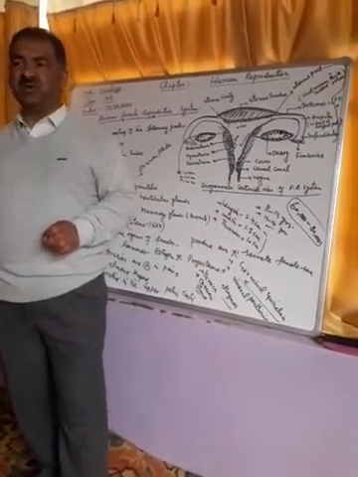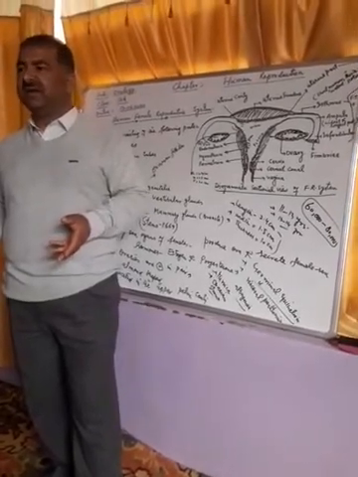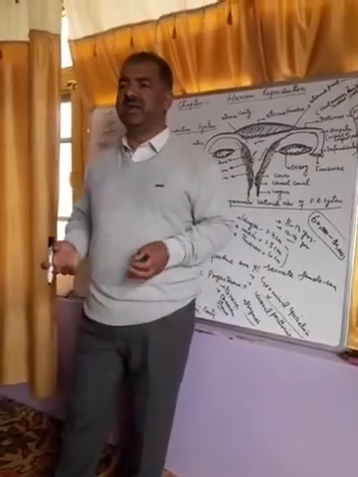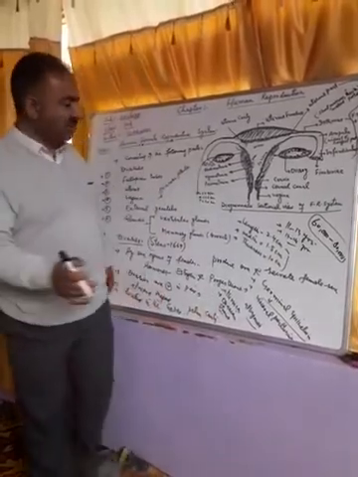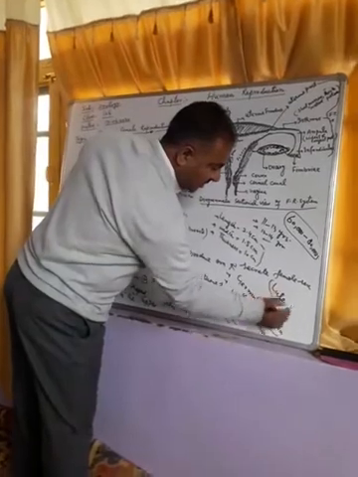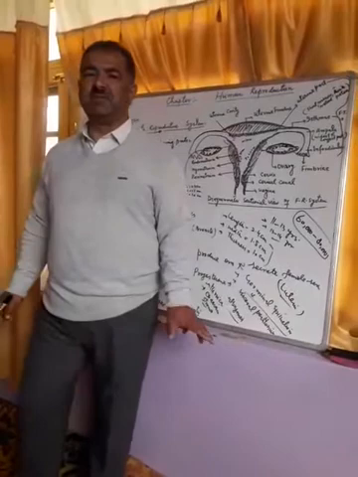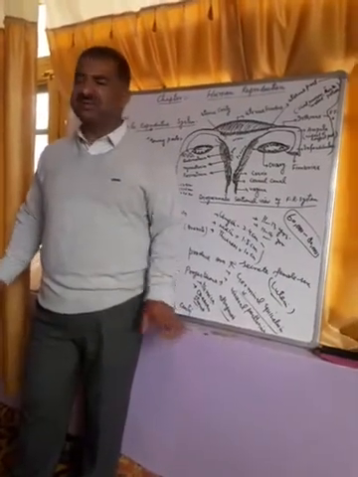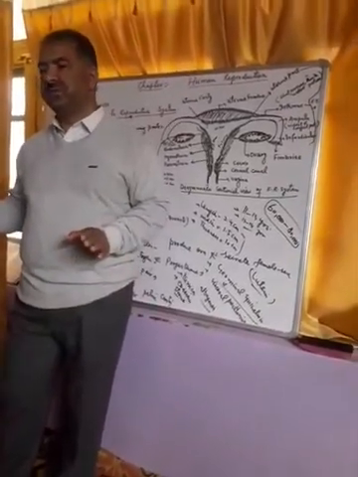After the extrusion of the ovum, what remains in the Graafian follicle is called the corpus luteum, meaning a yellow body. The cytoplasm of the corpus luteum is filled with a yellow pigment called lutein. The corpus luteum grows for a few days, and if the ovum is fertilized and pregnancy occurs, it continues to grow.